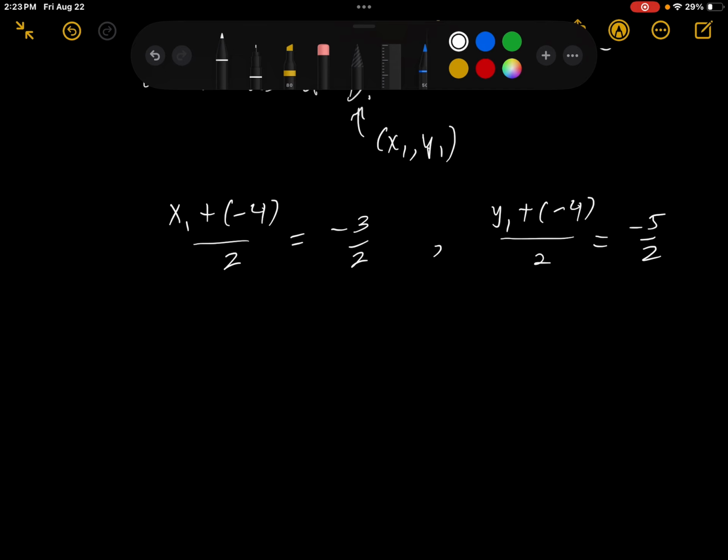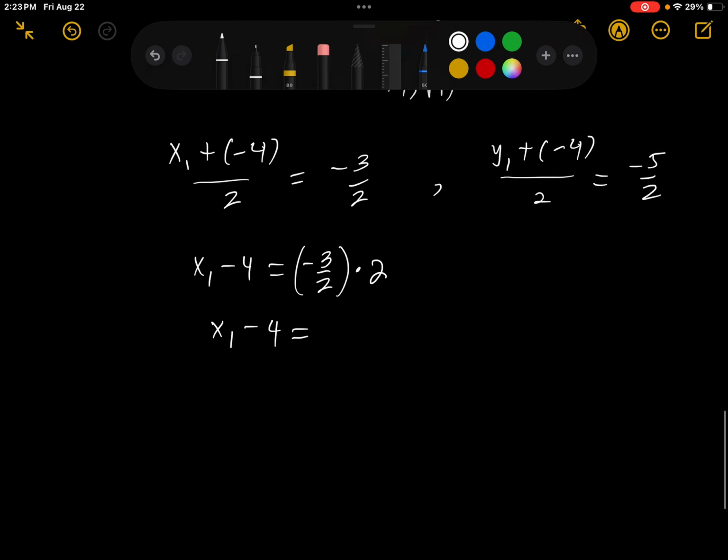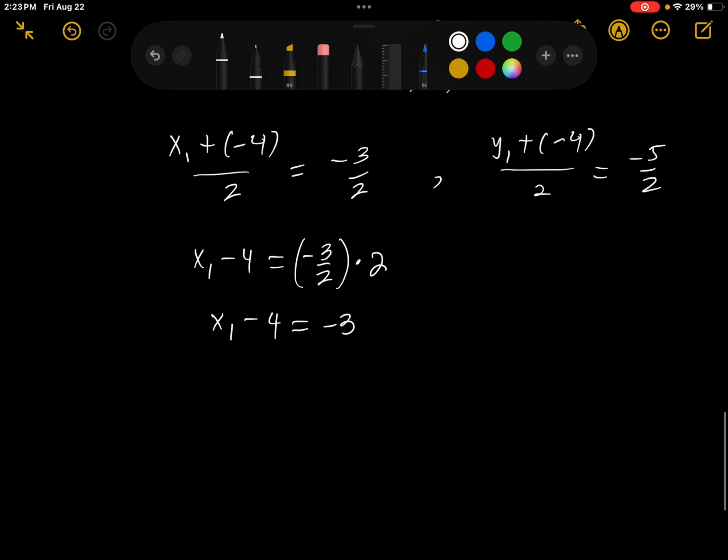So this first equation tells us that x1 minus 4, let's multiply by 2 on both sides, is negative 3 over 2 times 2. So that gives me x1 minus 4 is equal to negative 3. Now I can add 4 to both sides and get negative 3 plus 4, which is 1. Then for y1, I do exactly the same thing. I multiply both sides by 2, so y1 minus 4 is equal to negative 5 over 2 times 2.